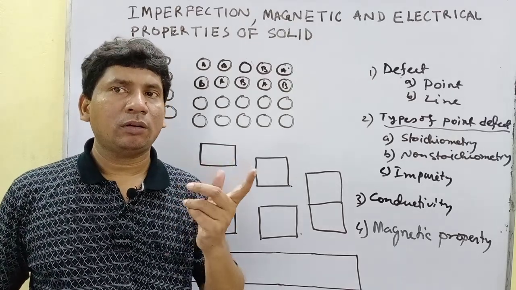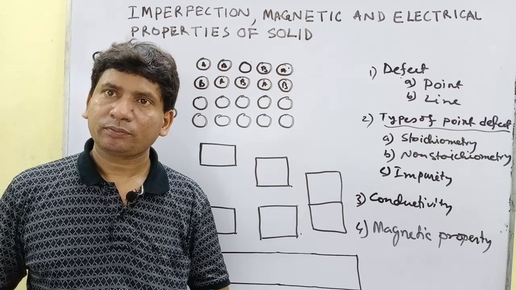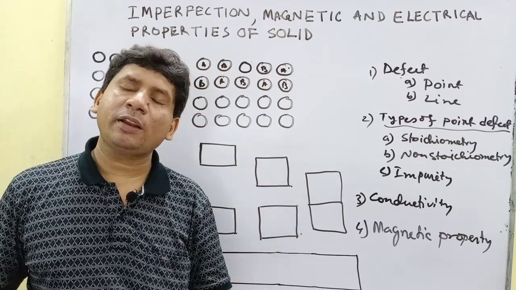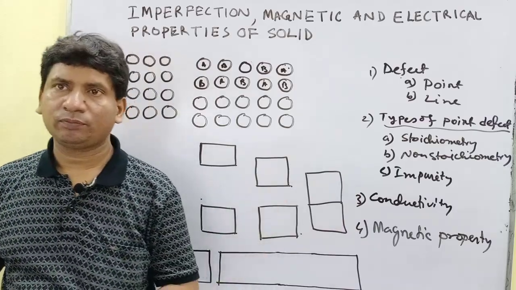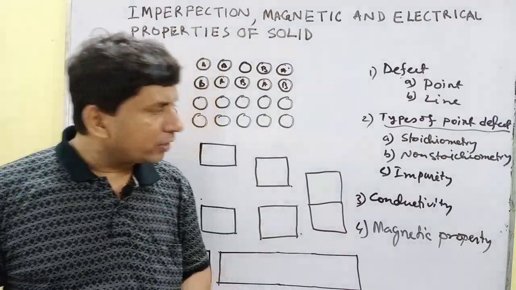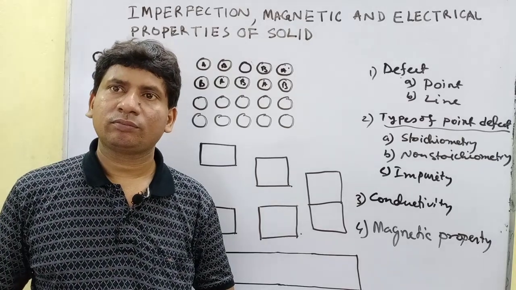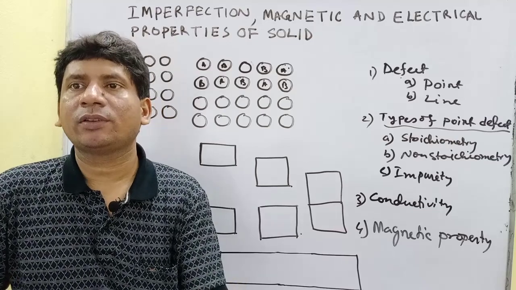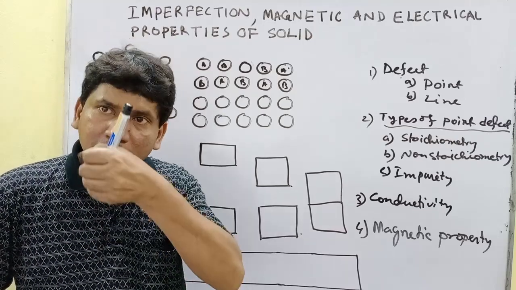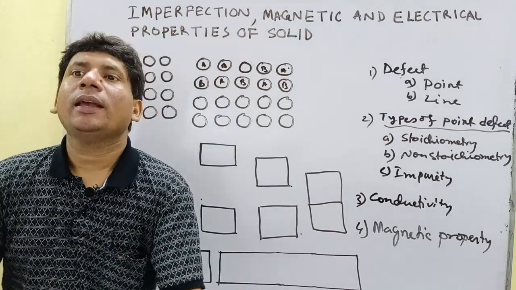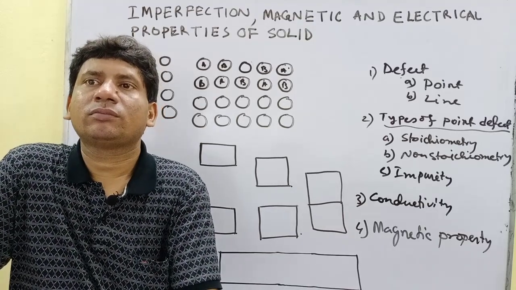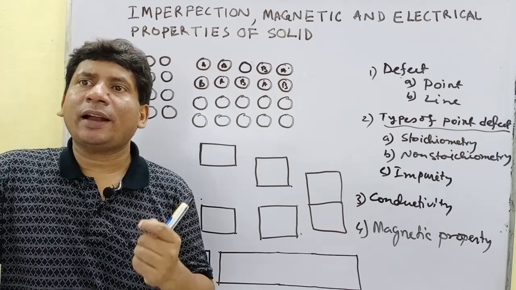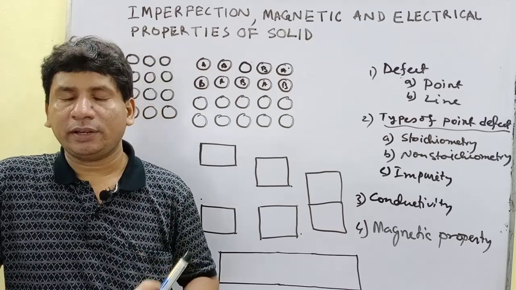Now types of point defects: stoichiometric defect, non-stoichiometric defect, and impurity defect. What is a stoichiometric defect? Stoichiometric defects are point defects that do not disturb the stoichiometry.